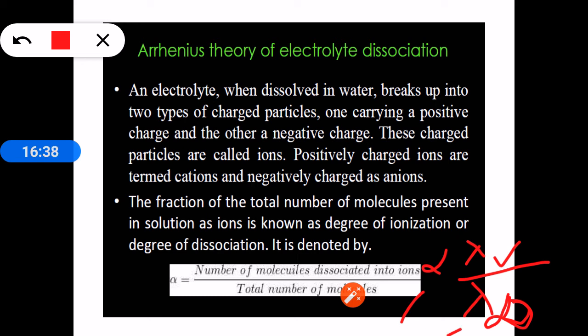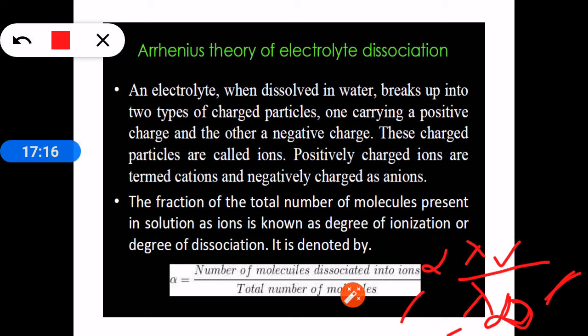So the more molecules present in the initial solution, the more of them will undergo ionization, and the more will be the value of lambda infinity. So the total number of molecules is proportional to lambda infinity, because at infinite dilution all the molecules will undergo ionization to give A plus and B minus, and the conductance obtained at infinite dilution is equal to the conductance because of all the molecules.